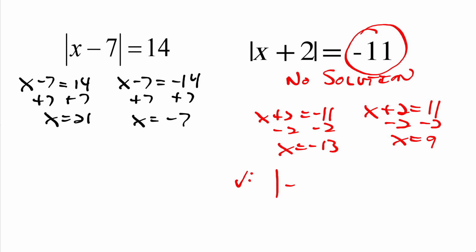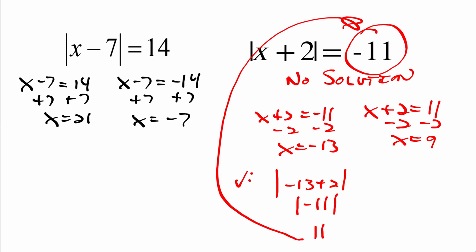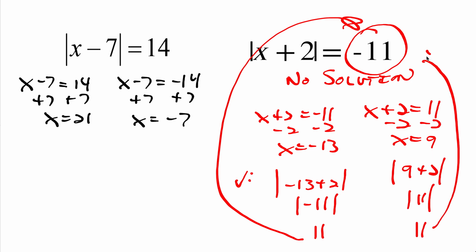Negative 13 plus 2, that's negative 11, and the absolute value of negative 11 is 11. But my answer is negative 11. It doesn't work. Same thing over here, 9 plus 2, that's 11. The absolute value of 11 is 11. That's why this is a no solution.